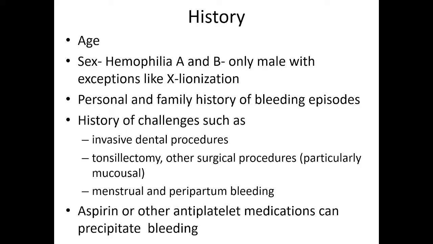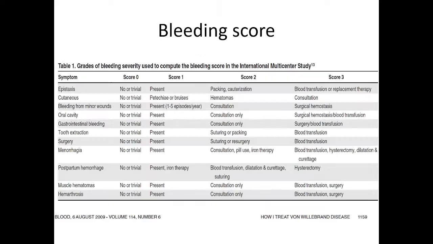All these are bleeding challenges which normally happen, and with that if prolonged bleeding is there, then we suspect the bleeding disorder. Then menstrual and peripartum bleeding, these are also natural bleeding challenges. Then aspirin or other antiplatelet medications can precipitate bleeding, so we should ask in the history.